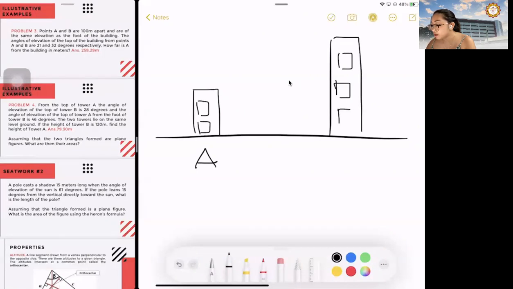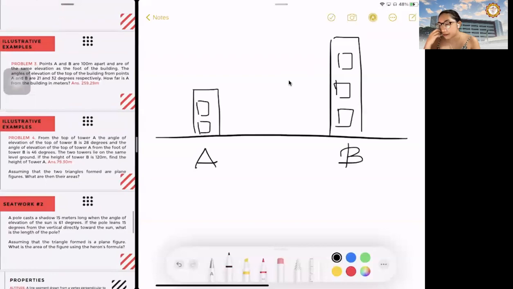So tower B. Now, in that case, it says there, from the top of the tower A, the angle of elevation of the top of the tower B. So here up to here. So from A to B, that's 28 degrees.